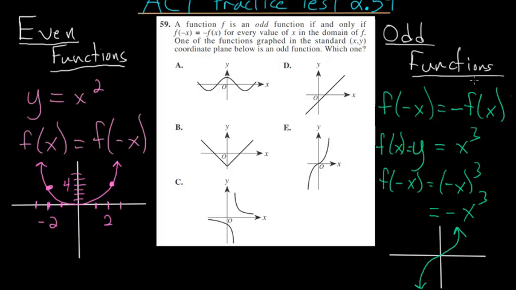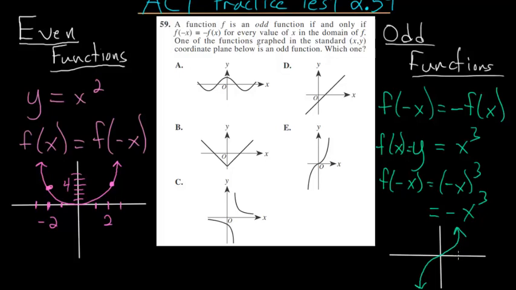What this identity means graphically is that if you were to pick some random x value, and on the graph that gives you some particular y value, then if you were instead to pick the opposite of that x value, that y value would be the opposite of the y value you get when you just plug in x. If that seemed confusing, let me use actual numbers.